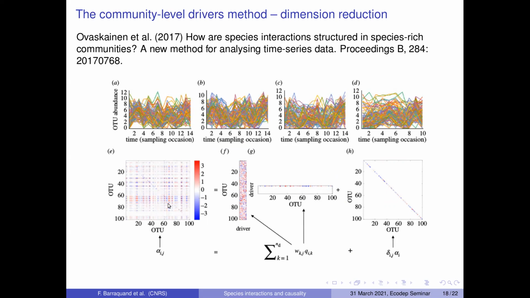Personally, when I look at this kind of matrix, I think this is a really nice modeling exercise, but I tend to be a little skeptical that we can have these types of matrices in ecological data, because quite often you have a strongly modular structure of ecological networks.